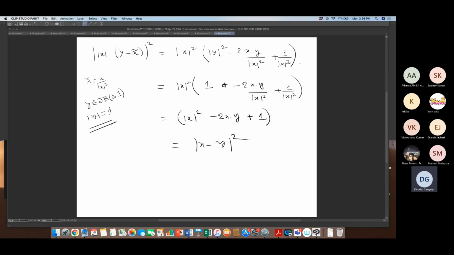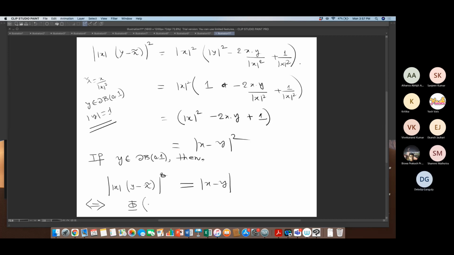So if y is in del B, this implies phi of x minus y is equal to phi of mod x times y minus x tilde. Clear? Is that clear?